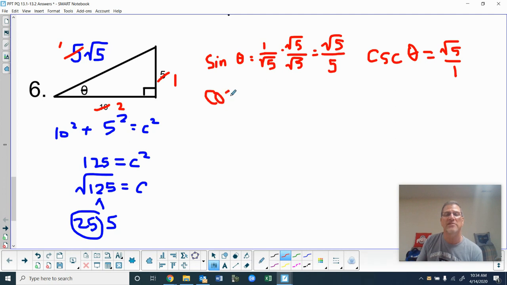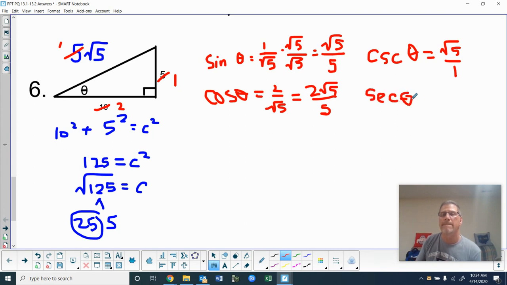Cosine is adjacent 2 over hypotenuse radical 5. So again, I'm not going to show the work, but you have to rationalize. So 2 times the square root of 5 over 5. And then flip it for secant. So radical 5 over 2. Hypotenuse over adjacent.